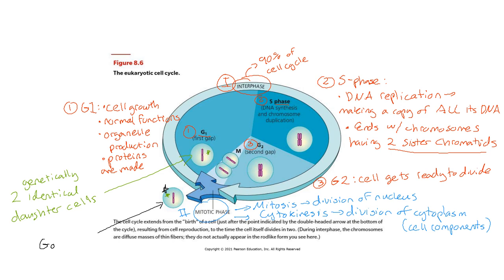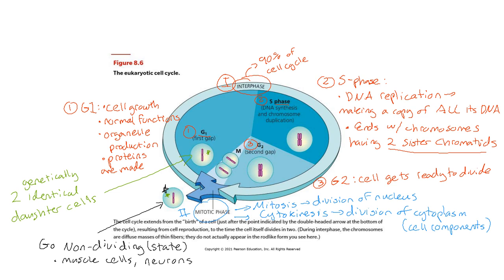And G0 is going to be the non-dividing phase, or state. Again, for example, your muscle cells, your neurons. So these are cells that don't divide, right? Once you have them, you have them. That's it. So they live in this phase. All right. So this is the life cycle.